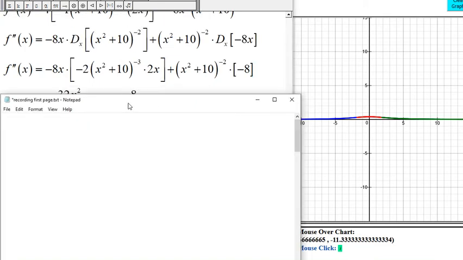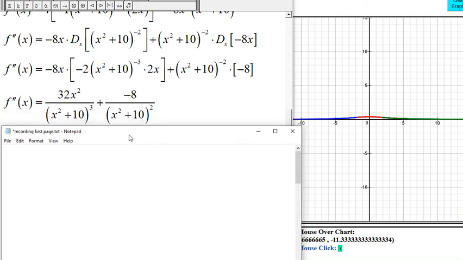Now let's rewrite this a little bit. Negative 8x times negative 2 times 2x will be 32x squared, and then this is x squared plus 10 to the negative 3, so let's rewrite this using a positive exponent.